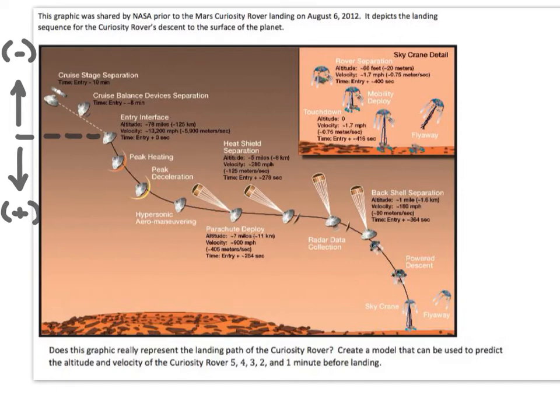How about velocity? I've got velocity as approximate numbers. And if you remember, velocity is distance per time. That equals velocity. And we aren't going to have any negative velocities, but the velocities shown are all positive.